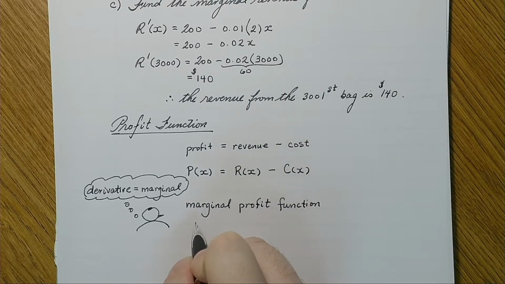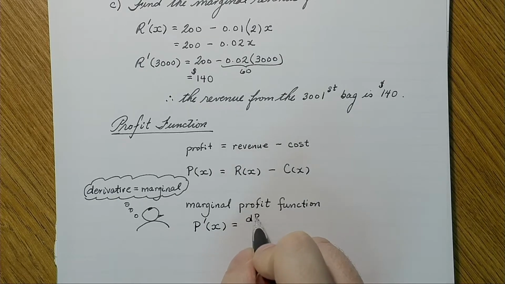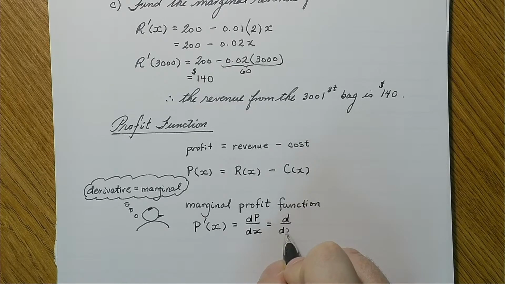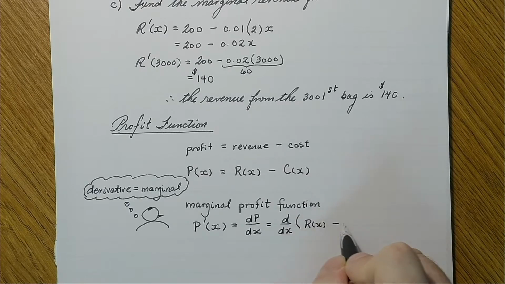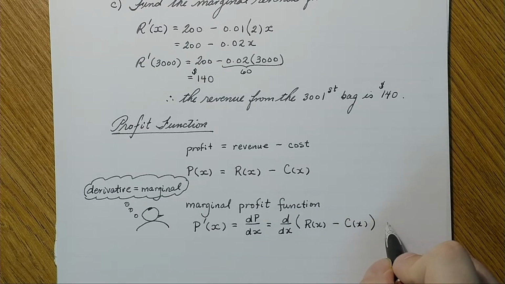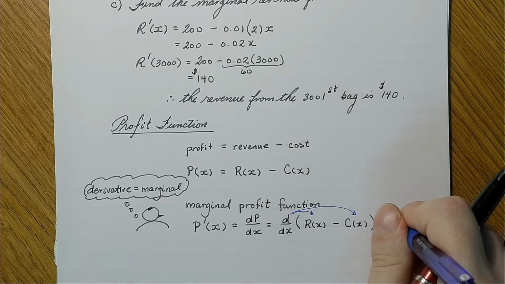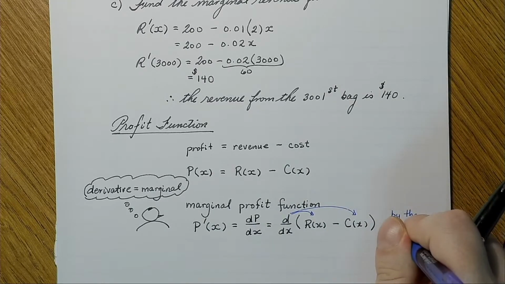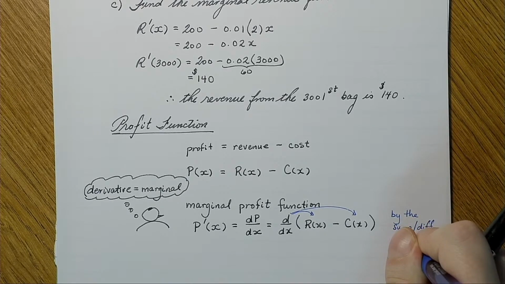So again, it's the derivative of the profit function, which is equal to the derivative of those two functions, the revenue minus the cost, by the sum/difference rule of derivatives.